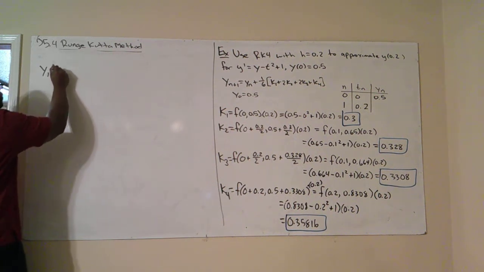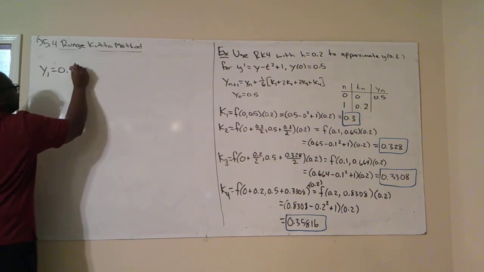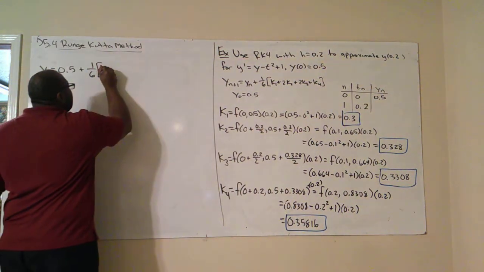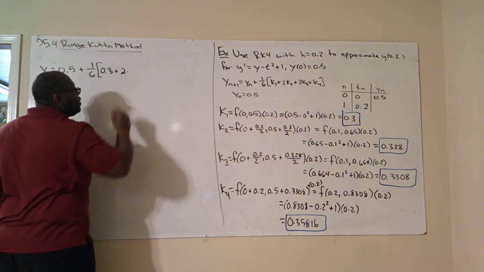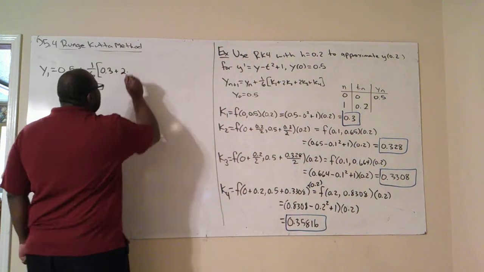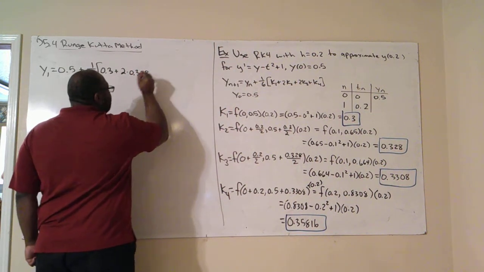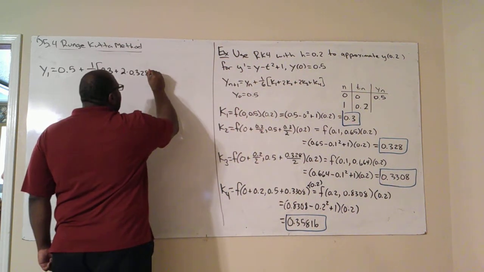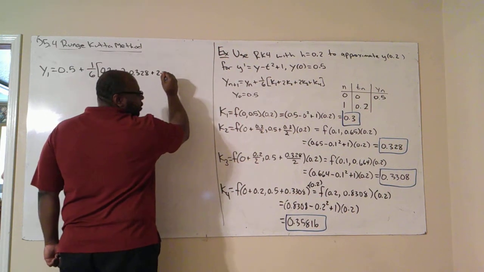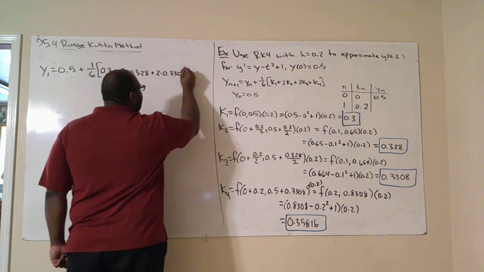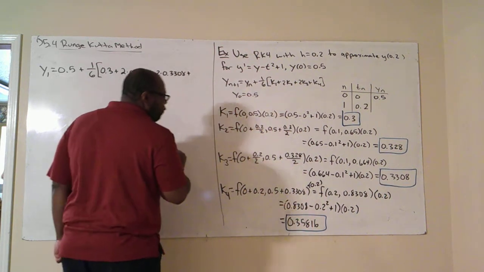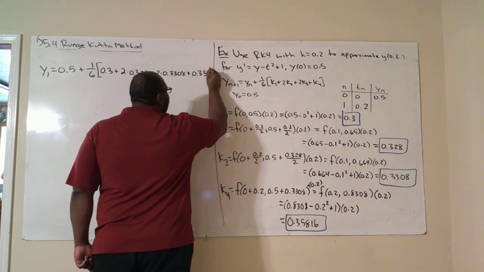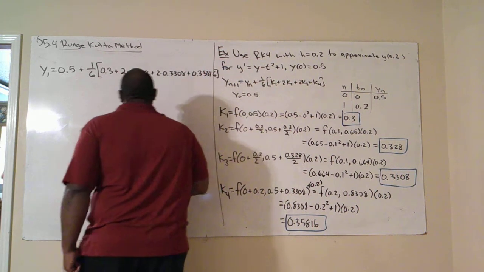Y0 is 0.5 plus 1/6 of K1, which is 0.3, plus 2 times K2, which is 0.328, plus 2 times K3, 0.3308, plus K4, 0.35816.